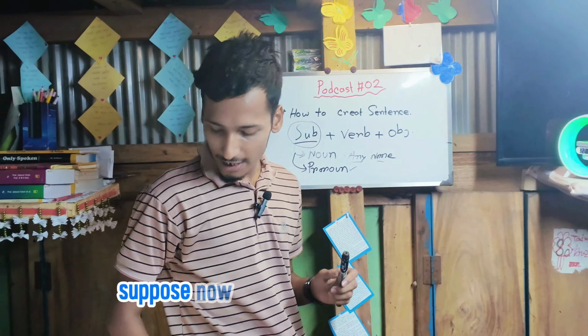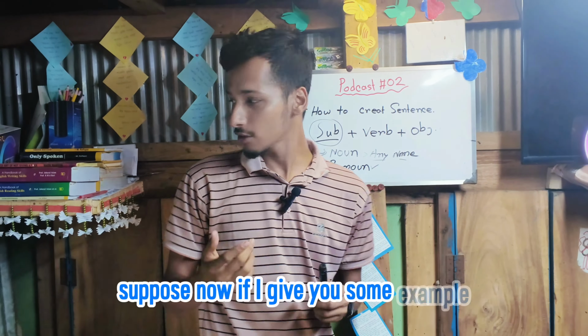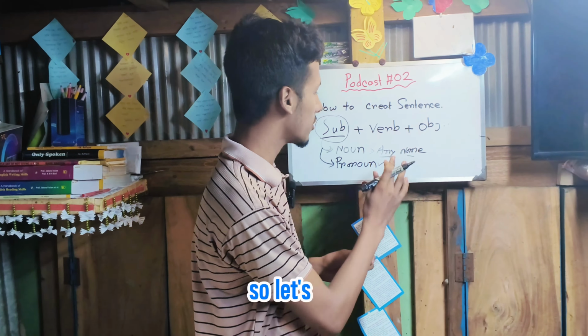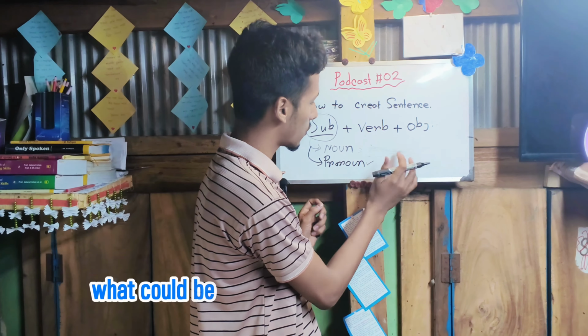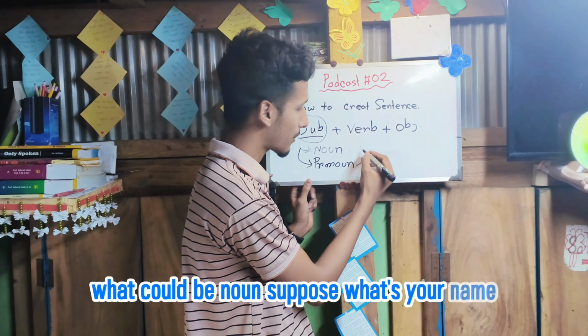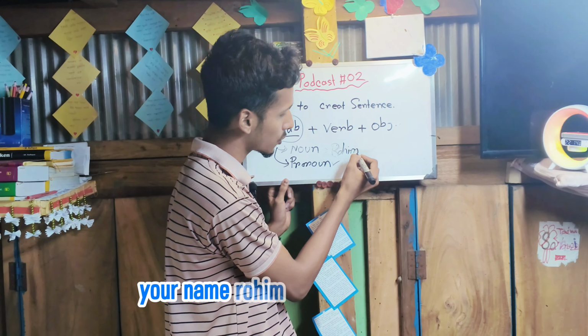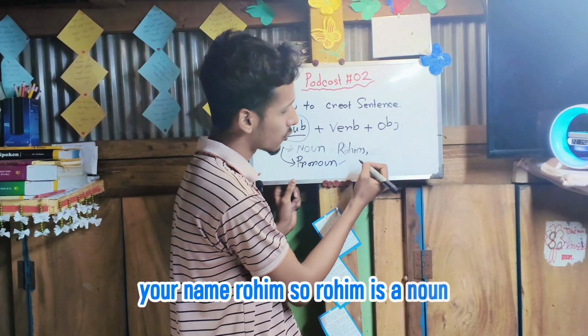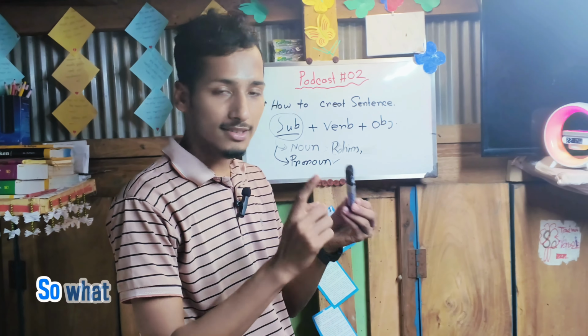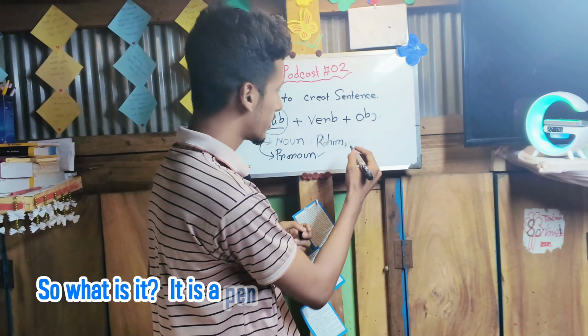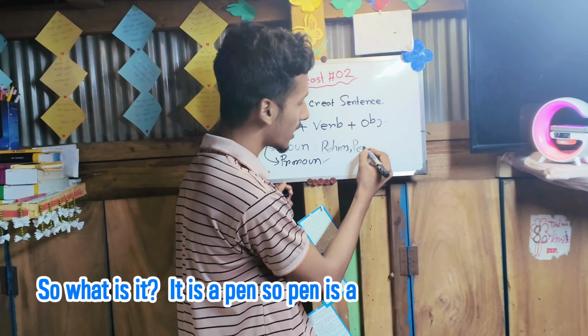Now let me give you some examples. What could be noun? Suppose your name is Rahim. So Rahim is a noun. It is a pen, so pen is a noun. Why?